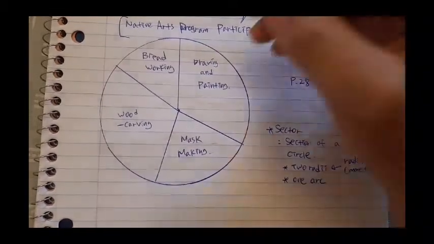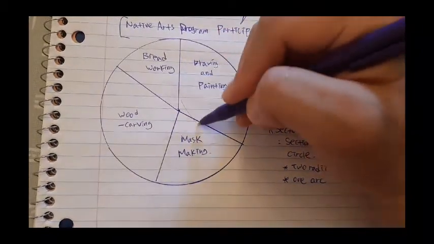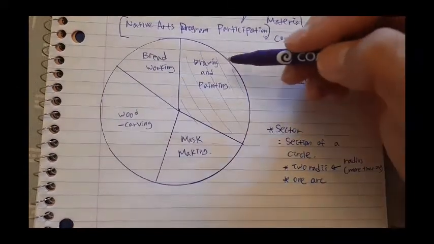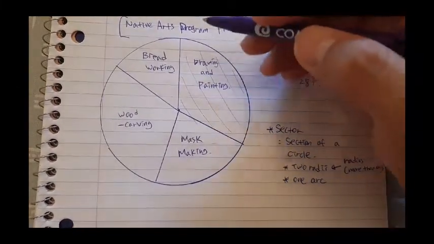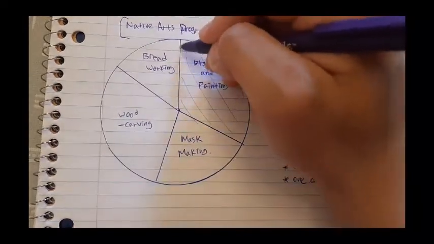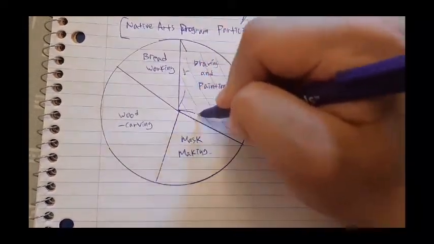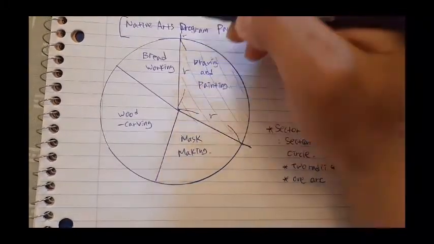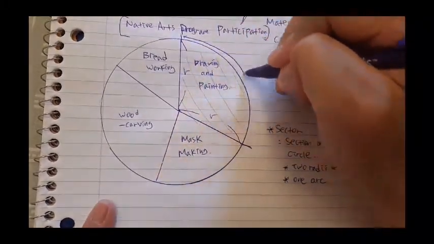So if I think about this, the ones that I shaded, drawing and painting, those are known as sectors because I have a radius, another radius, and an arc, which represents a part of the circumference.